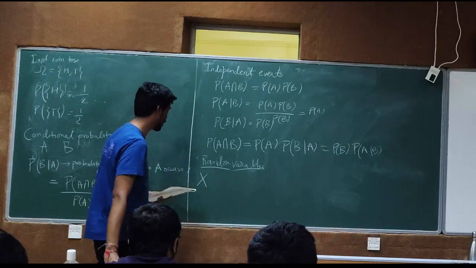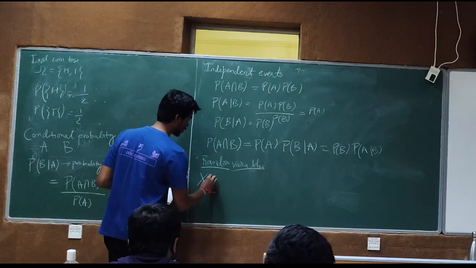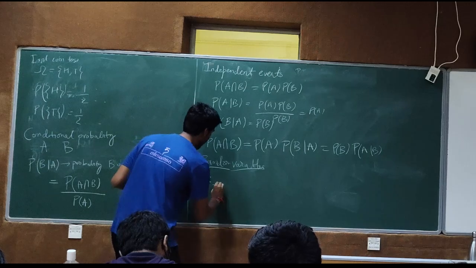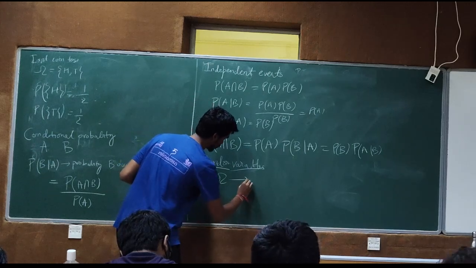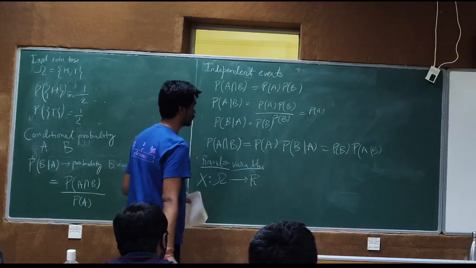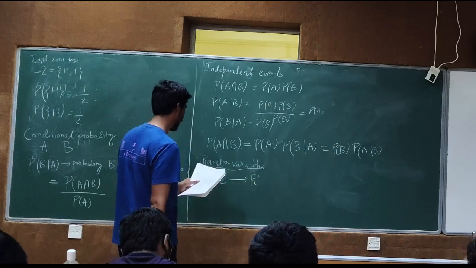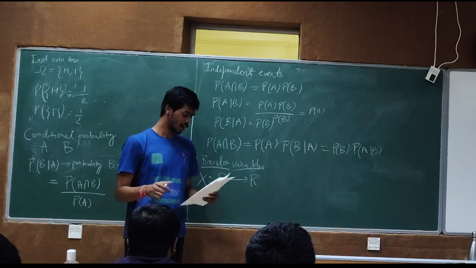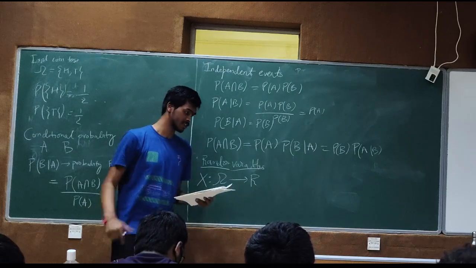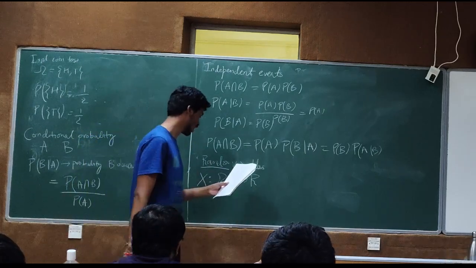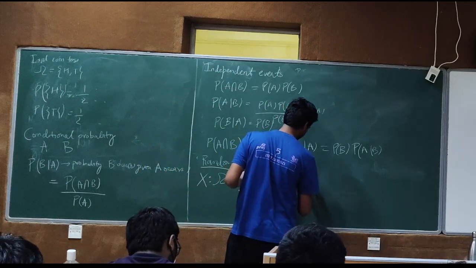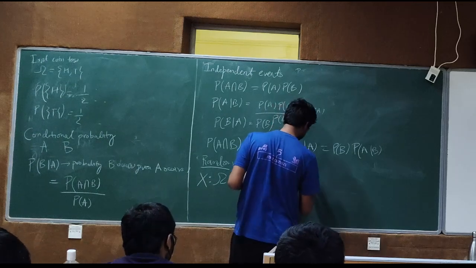I'm denoting the random variable as X. It is a function which takes values from the sample space and maps them to values in the real line. So every outcome in the sample space is mapped to a value in the real line. And we associate a probability distribution with the random variable.